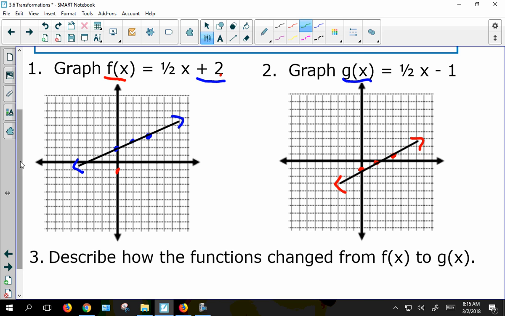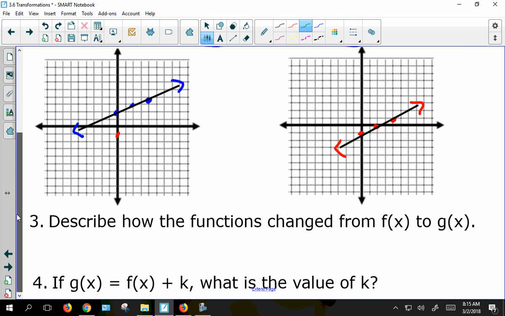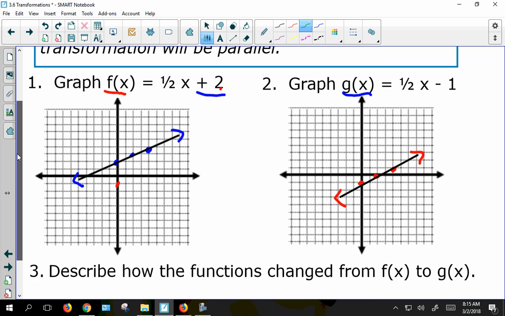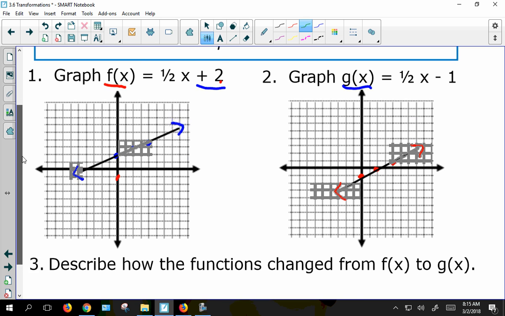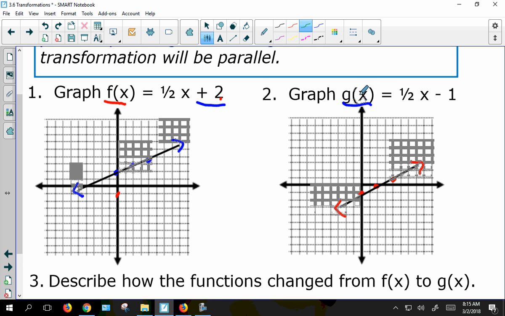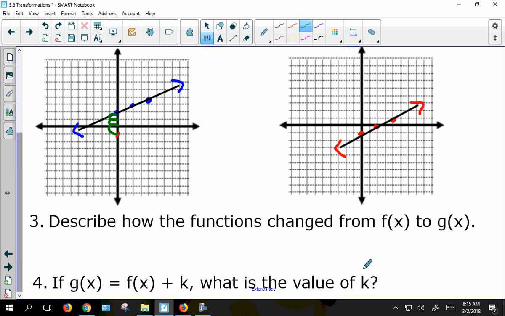If I want to make g of x equal to f of x, what do I have to add to g of x? 1, 2, 3. I have to go +3. You get them? So k equals 3.